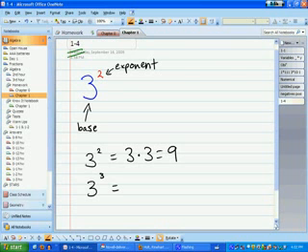But 3 cubed is 3 times 3 times 3. There's 3 3's multiplied together, which should give you 27. It's just 3 times 3, which is 9, times 3, which is 27.